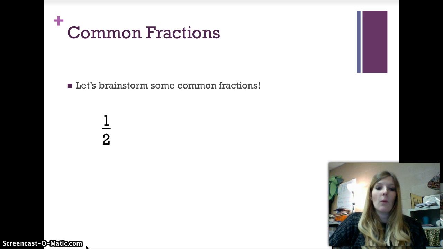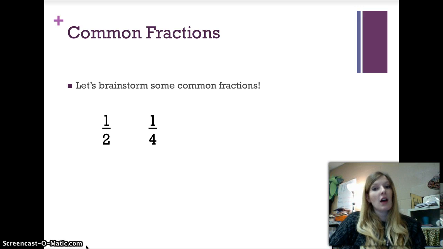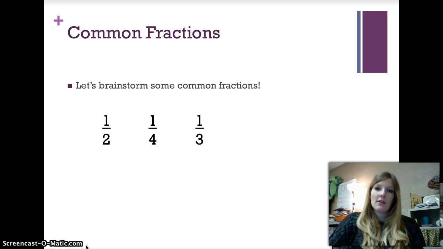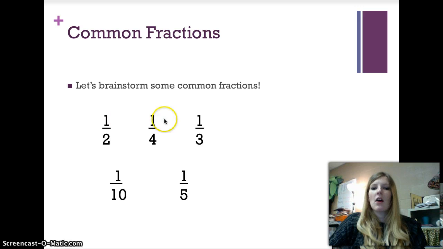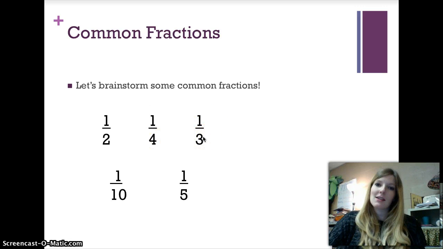Maybe 1/2 or 1/4, or another common fraction might be 1/3. We also have 1/5 and 1/10. So those are going to be some very common fractions that you see frequently. There are others, but these ones are going to be the most common, and then also with some changing of the numerator. So 1/4, we might also have 3/4, and 1/3, we might also have 2/3 as a common fraction.